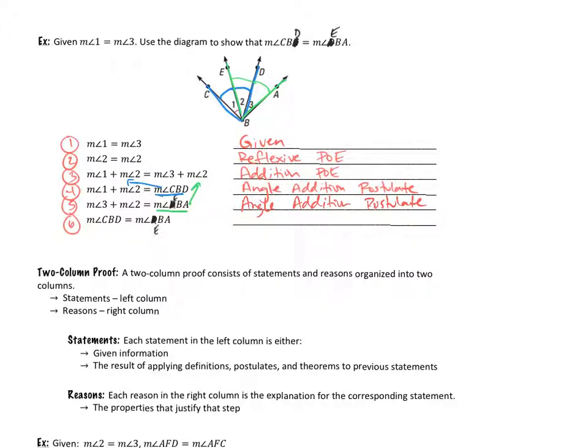And so now we have the substitution property of equality. Remember, we can abbreviate that. And then we want to say that that was substituted into step 3.